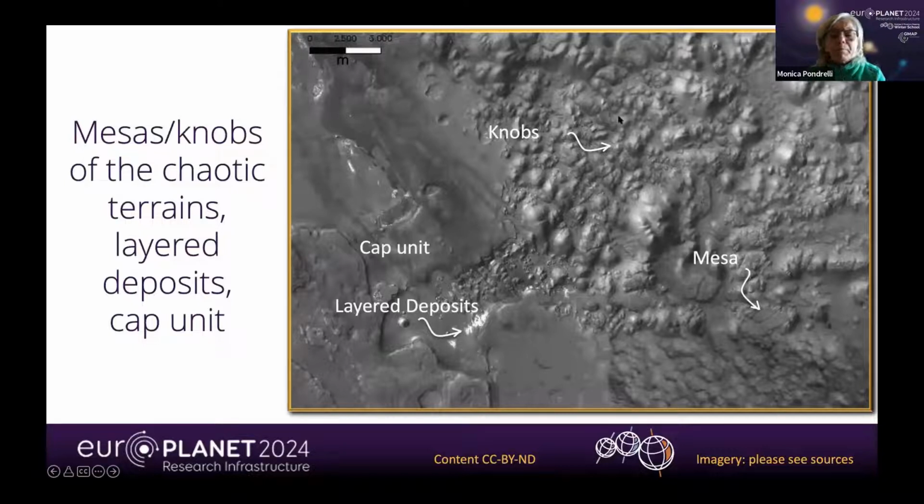Other place, many knobs and some mesas here, layer deposits, the cap unit. Okay, there is something wrong with the HRC mosaic, but you have also the CTX images in this area to see what's happening here.